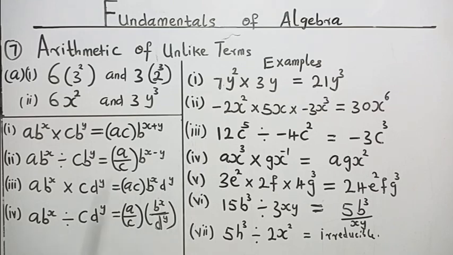Example 3 is next. 12c to the power 5 divided by minus 4c to the power 2. Which of these laws is going to help us to simplify this number operation? Certainly, it is this. Why is it so? The constants are different, A and C. Likewise, we have this 12 and minus 4.